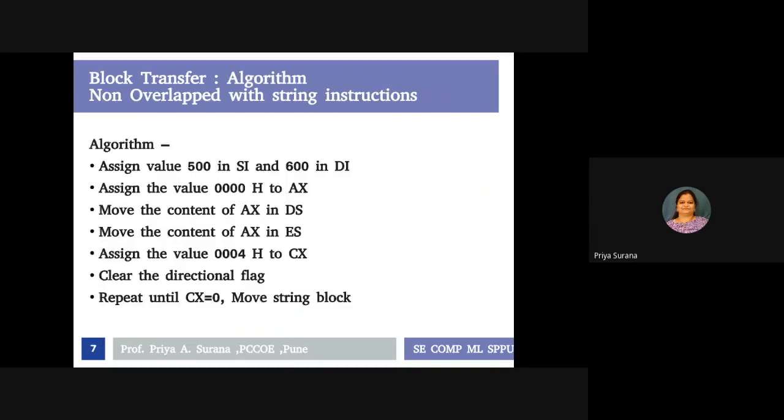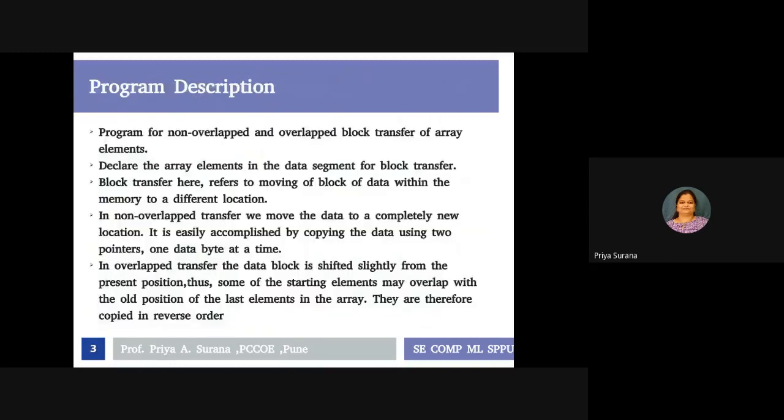Just go through the statement which we discussed at the start: in overlap transfer, the data block is shifted slightly from its present position, which means a few locations from the source will be used in the destination, so it is called overlap.